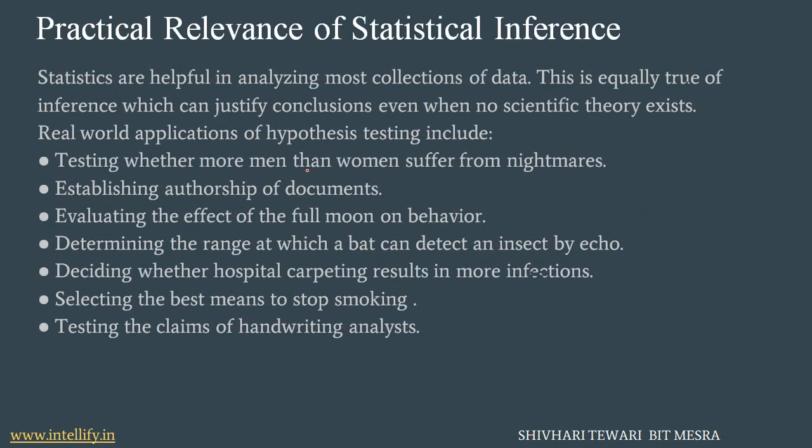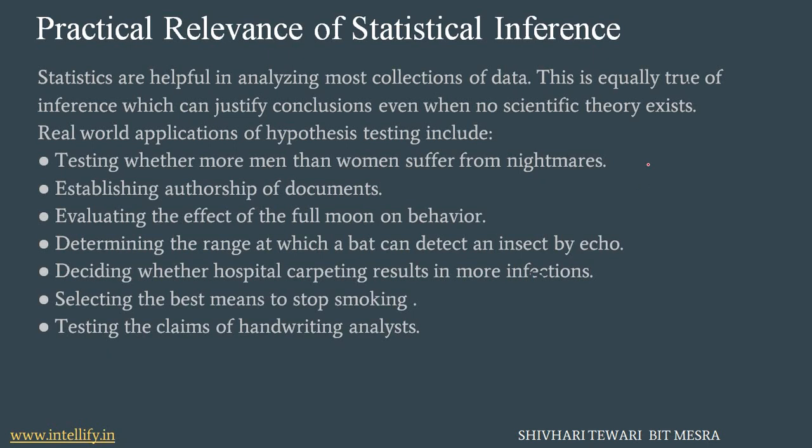Now, what is the practical relevance of statistical inference? Statistical inference is basically used in predicting results, like in weather forecasting, in data forecasting. We have discussed ozone layers, the changes in ozone levels.